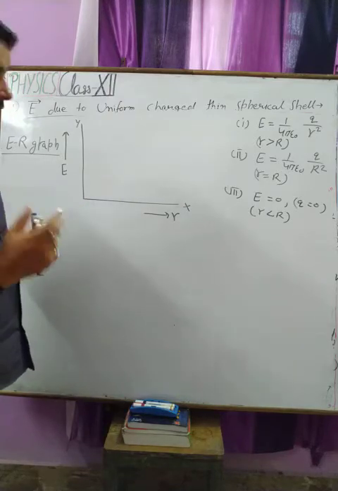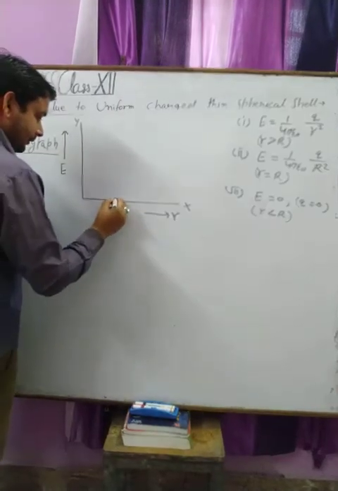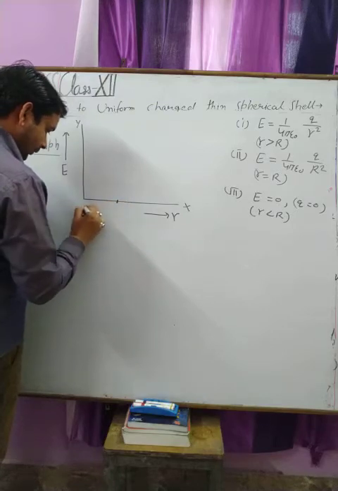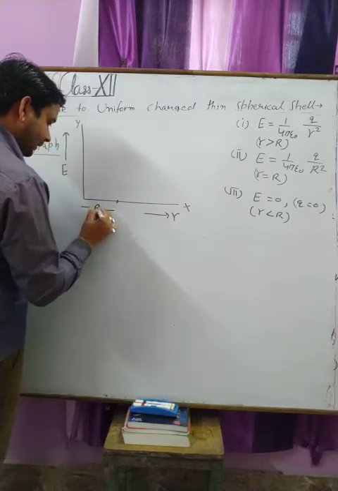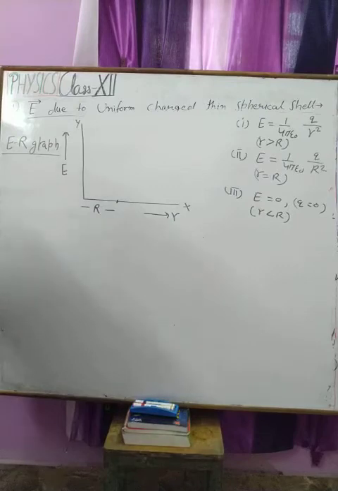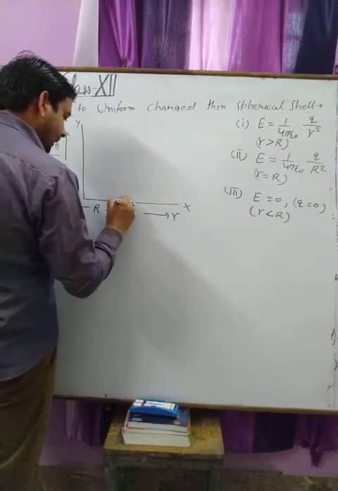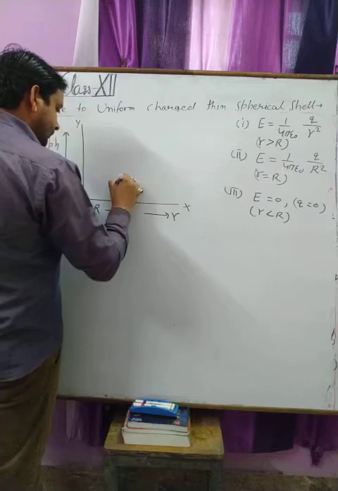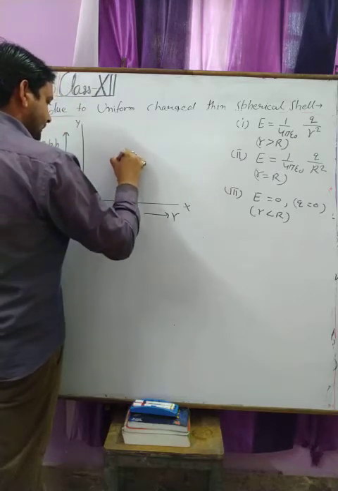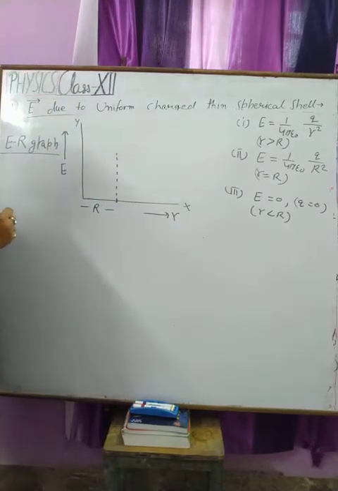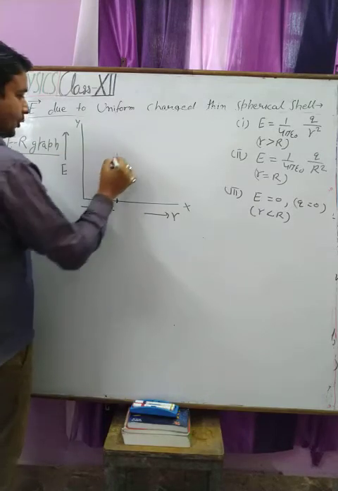This is the point of the radius of the shell, and we find this value is maximum at this point.